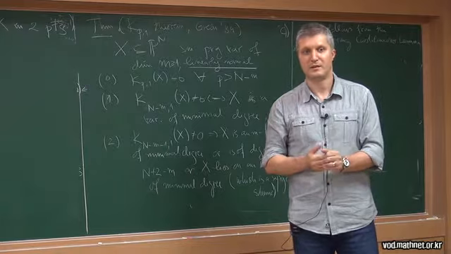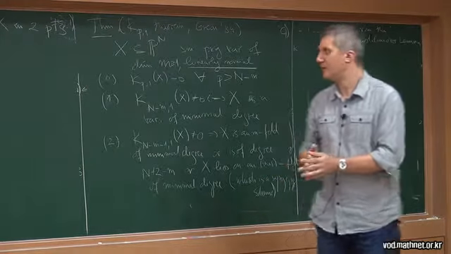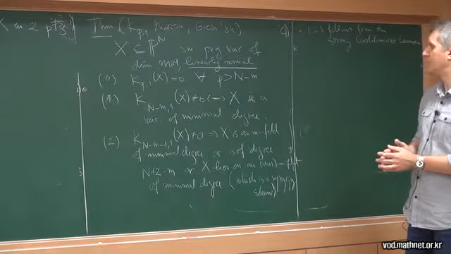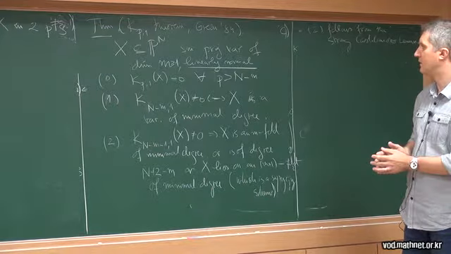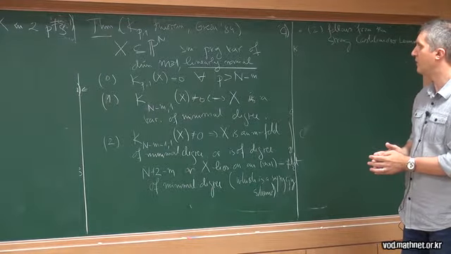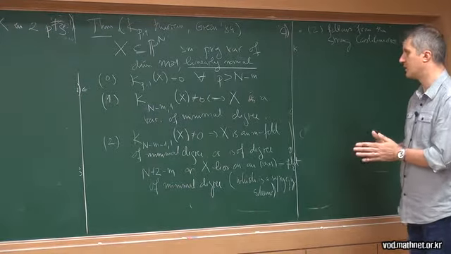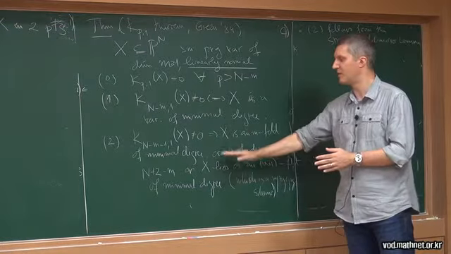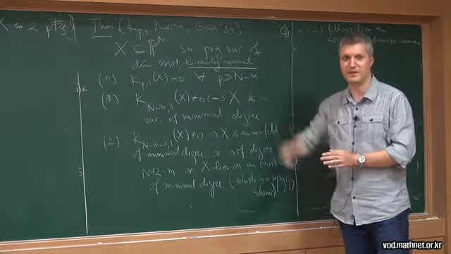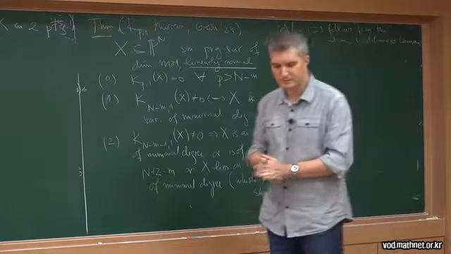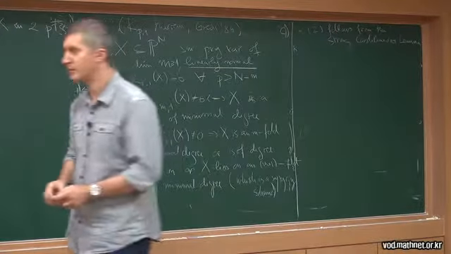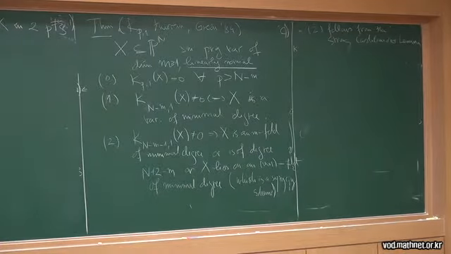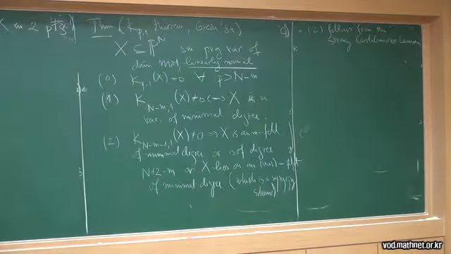So for K_{p,1} number 2, you assume linearly normal, right? K_{0,1} is already known. For K_{0,1}, maybe you don't need it, it doesn't matter. But just for safety, I put it here. So where did you use the linear normality of the given variety? In 2, in the proof of 2.